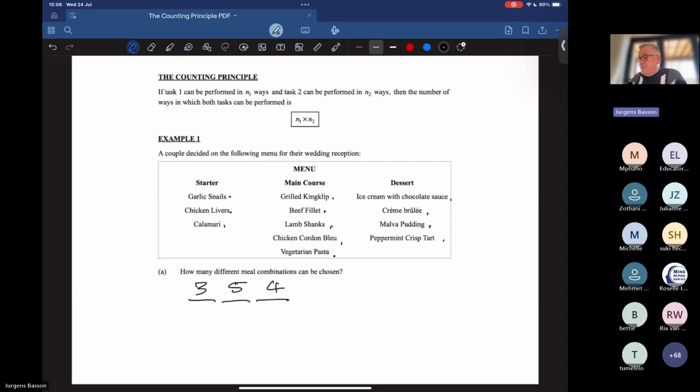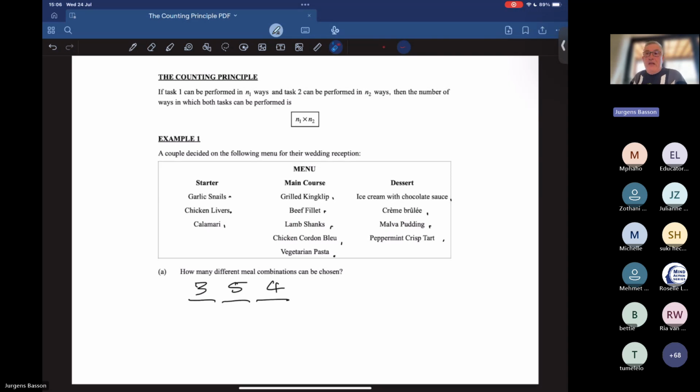Now the counting principle says, as we read at the top, that once you know how many ways you can do every task, like N1 ways for task 1 and N2 ways for task 2, then we just multiply N1 and N2.